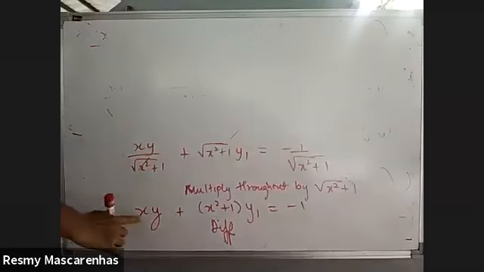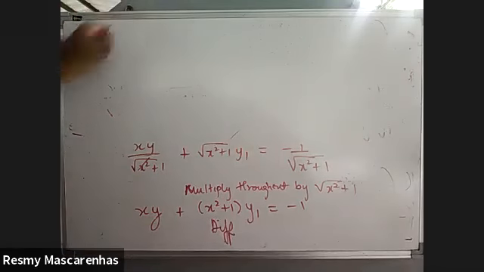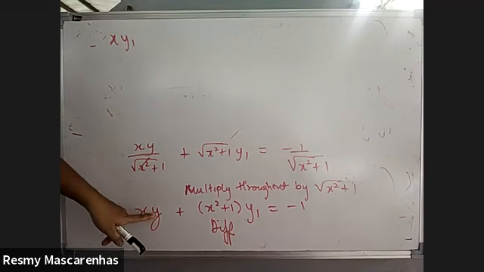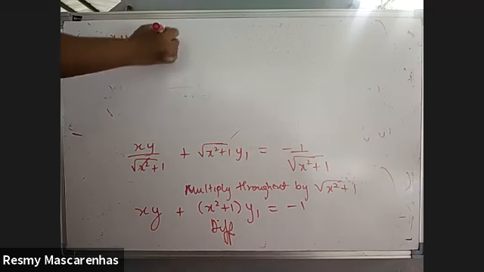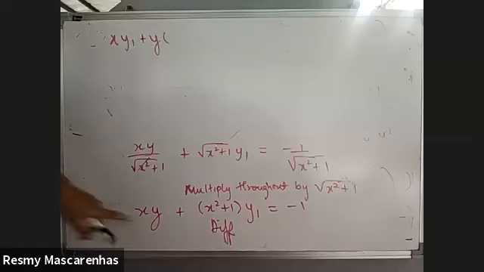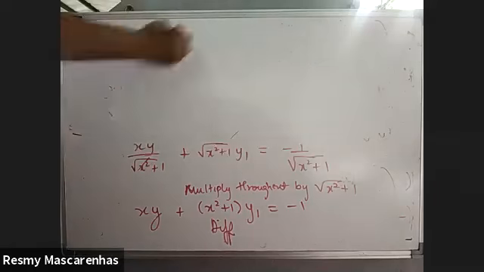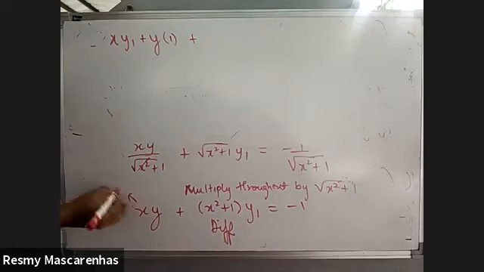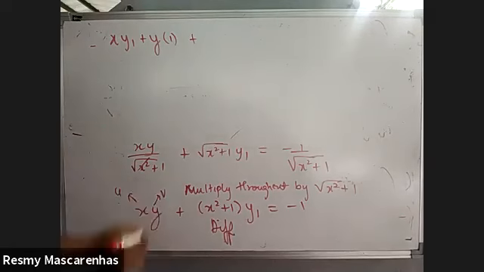So when you differentiate, this is u into v. So x into y1, derivative of u, derivative of x will be 1. Same way, see this is u, this is v. Same way again, this is u and this is v.